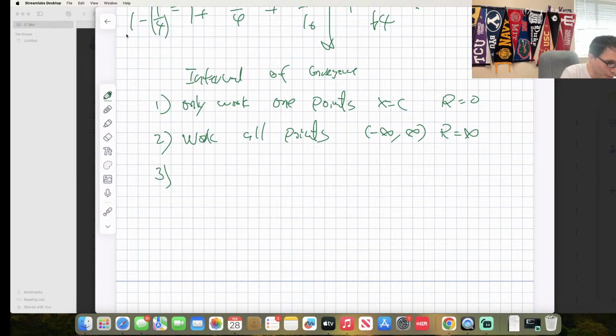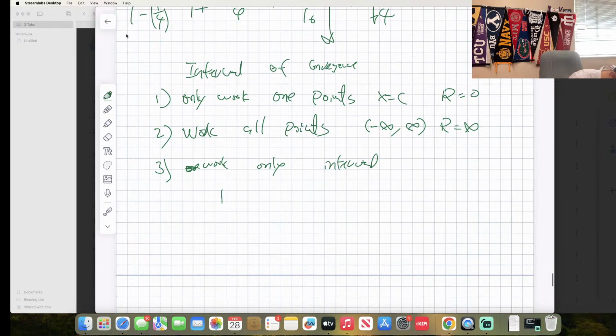The last one is work only at an interval, between certain intervals. So we're going to say this is the one that we're most concerned about, with that interval situation.